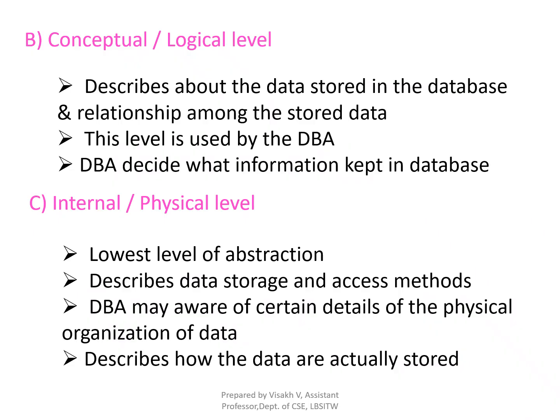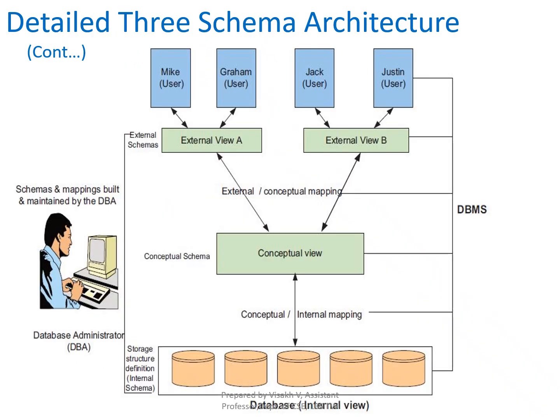So how the data comes into the organization, that data is just stored or fed at the physical level. Mike is a user and Drum is a user. They want the view level, so they can access or use that data.